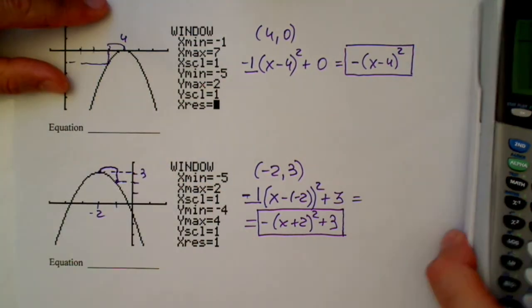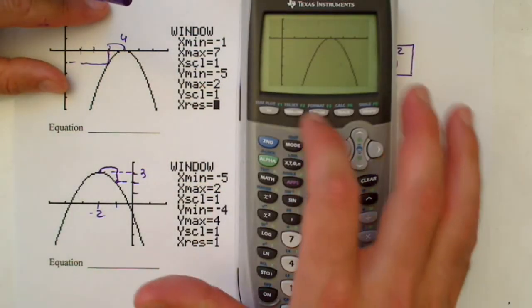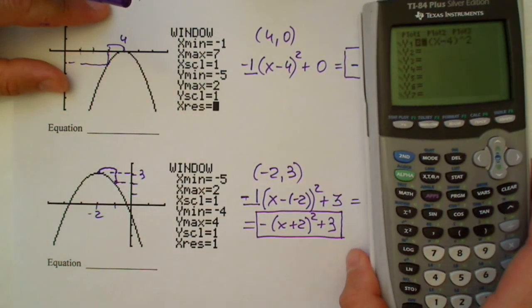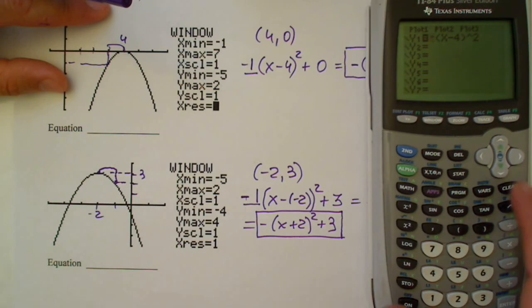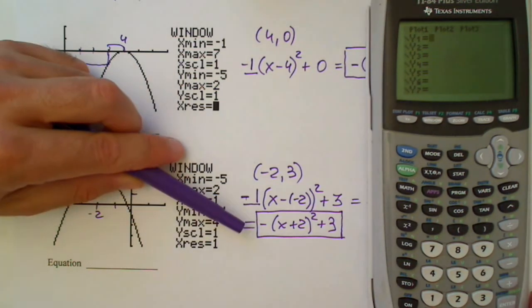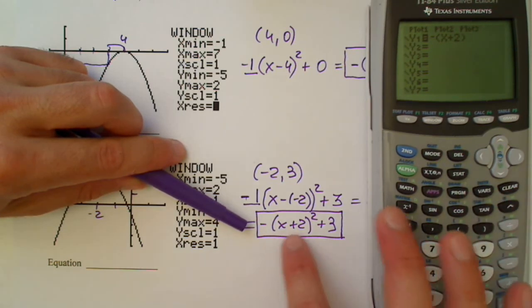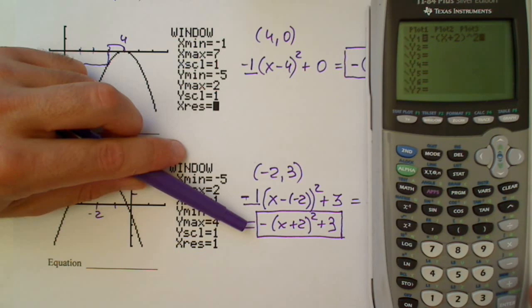And again, just graph. Y equals negative, open parenthesis, (x plus 2) squared plus 3. Graph it.